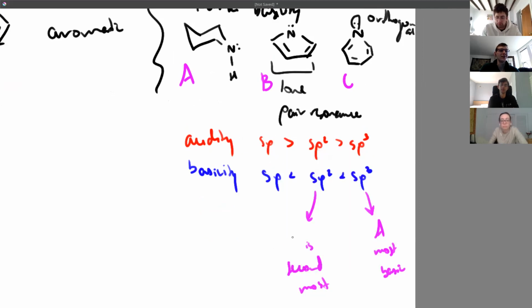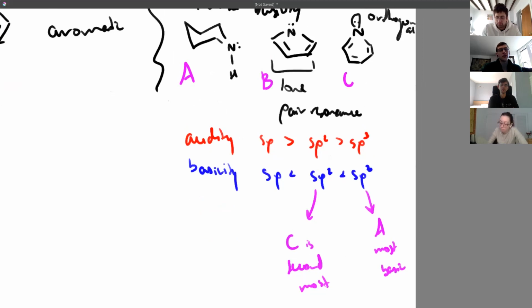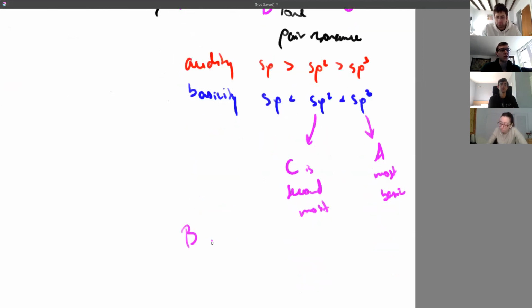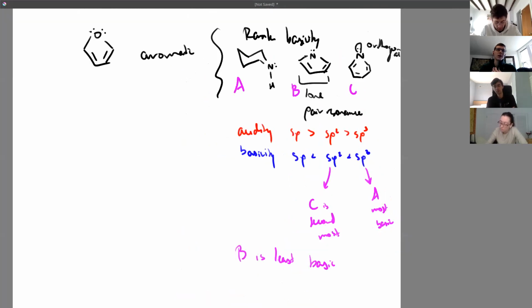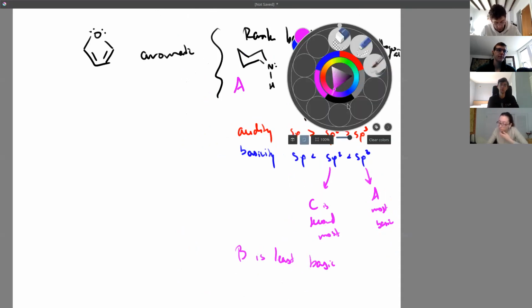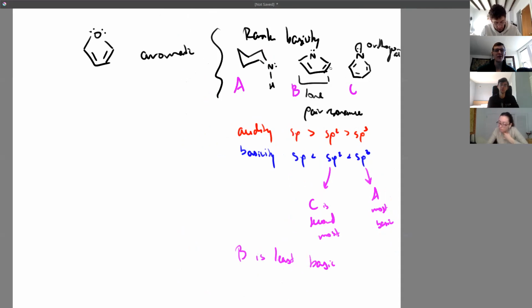It is C. C is the second most basic, and then B is the least basic. And this is a common sort of thing that you'll get, although it might come up more when it comes to amines, because that's when you're focused on amines, so it makes sense.